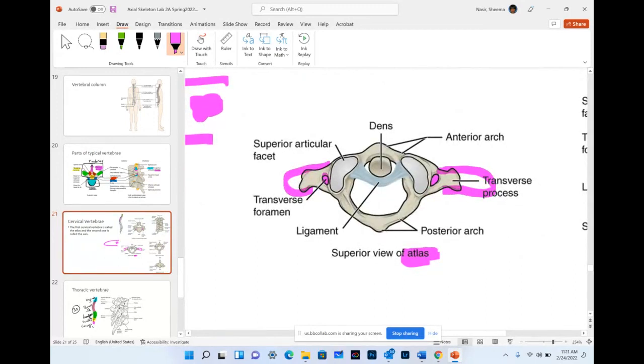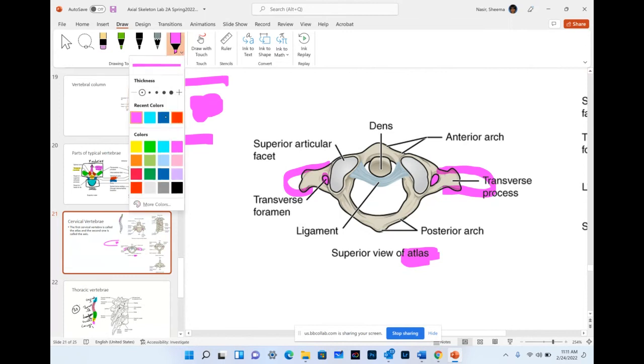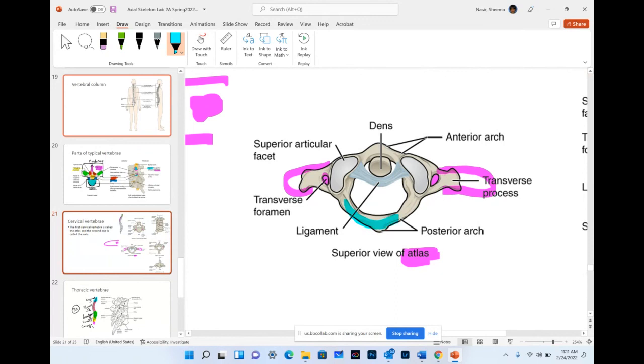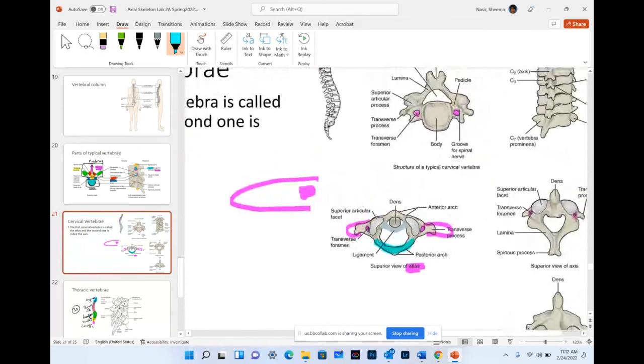It just has an arch, a big arch, and that big arch is what it has. Okay, it just has an arch. It does not have the spinous process. Is that clear? Okay, number one. Number two, it is going to have facet for dens.